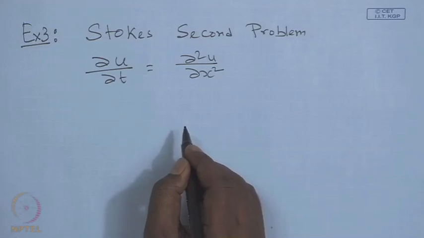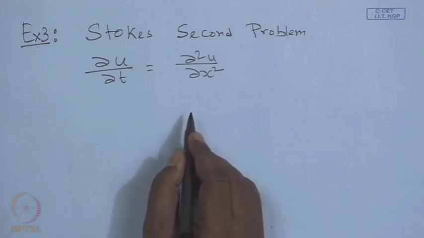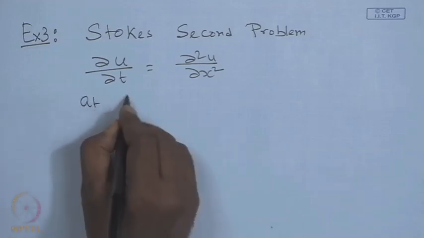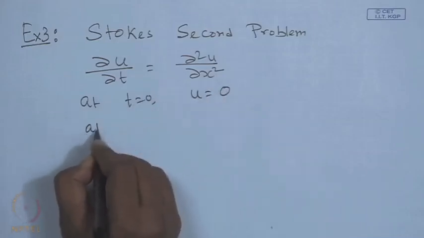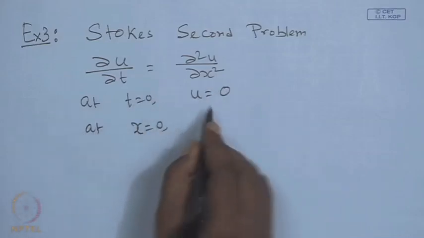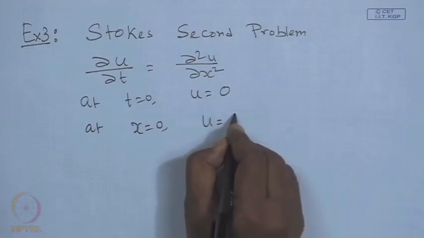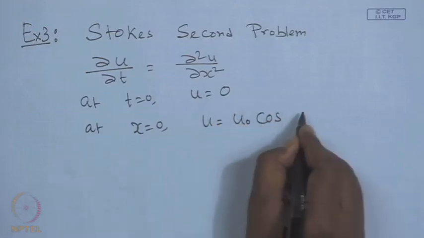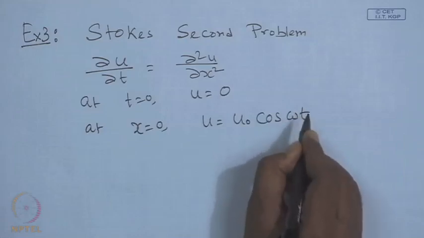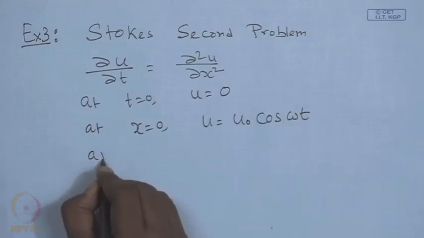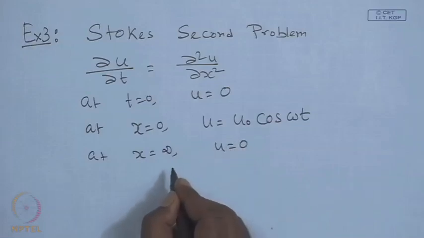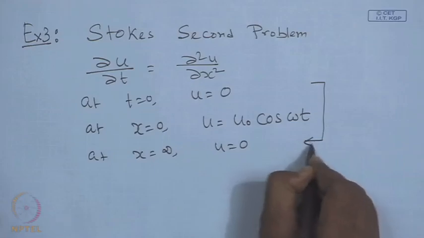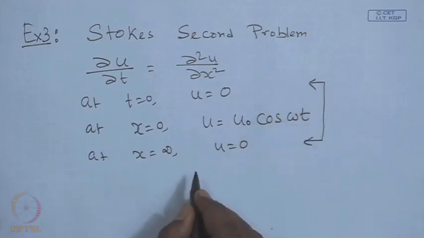At t equal to 0, u is equal to 0. At x equal to 0, the plate starts executing a simple harmonic motion, let us say oscillatory motion, u equal to u 0 cosine omega t, and at x equal to infinity, u is equal to 0. So, this formulates the initial and boundary conditions of this governing equation.